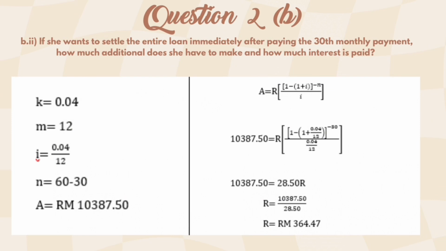Then we will use the formula A equals to R open bracket 1 minus 1 plus I in bracket to the power of negative n over I close bracket to find the R. After substituting the information given into the formula, the answer for R is 364 ringgit 43 cents.